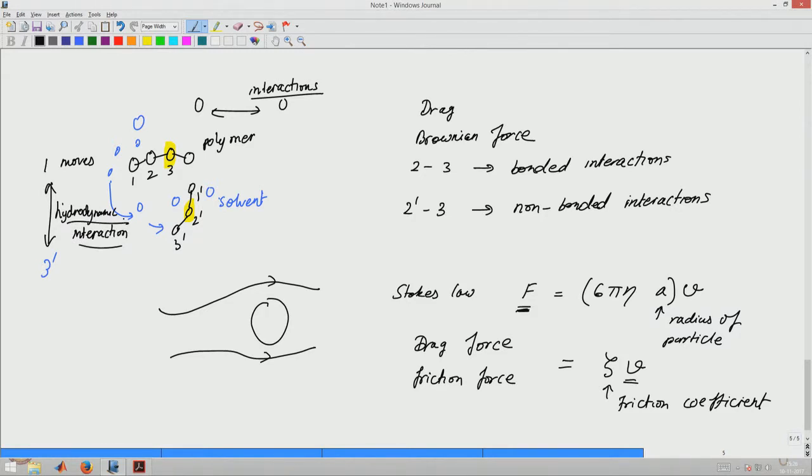Some of the bonded interactions are short range interactions, because only neighbors interact with each other. Hydrodynamic interaction on the other hand is a long range interaction, because particles which are not close to each other can also interact through hydrodynamic interaction.